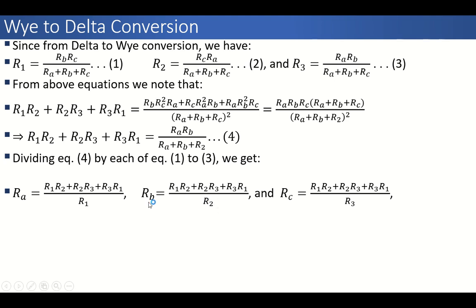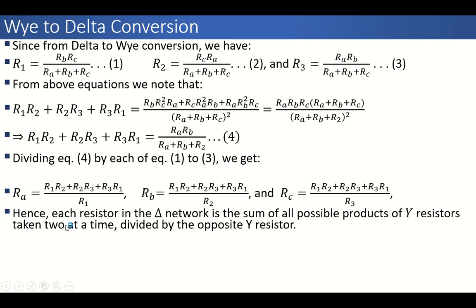Since we are computing RB, this will be divided by R2. Similarly, for RC this will be divided by R3. So we can say that each resistance in the delta network is the sum of all possible products of Y network resistances taken two at a time, divided by the opposite Y resistance.